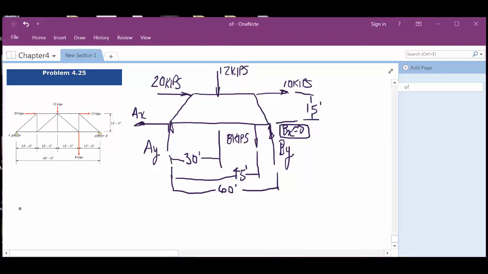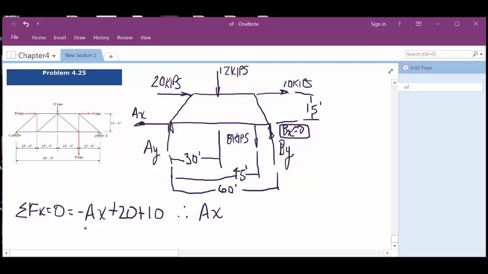Well, let's see. Sum the forces in the X. We've got negative AX plus 20 plus 10. Therefore, AX stays where it's at. AX was negative, so we'd want to throw AX to the other side this time, wouldn't we?